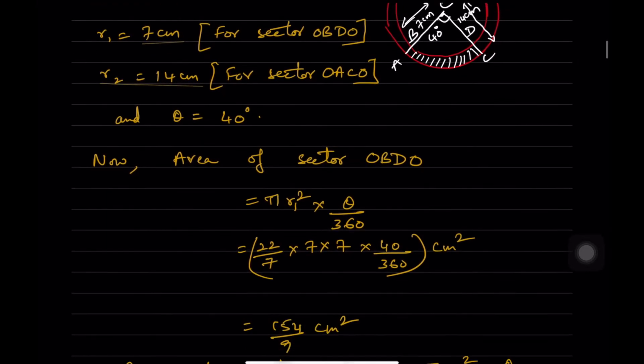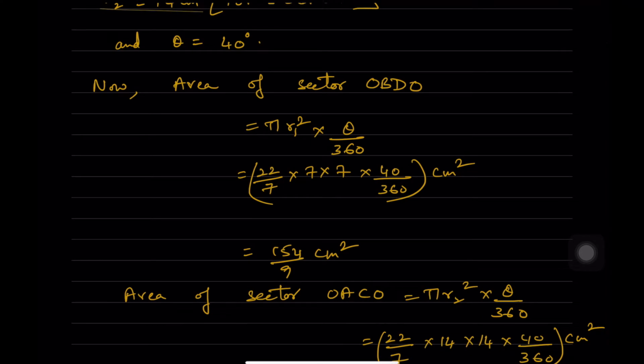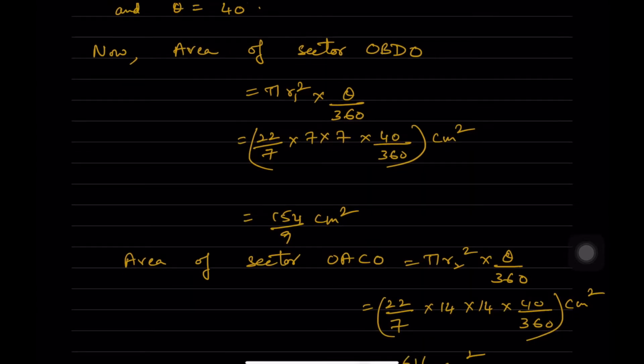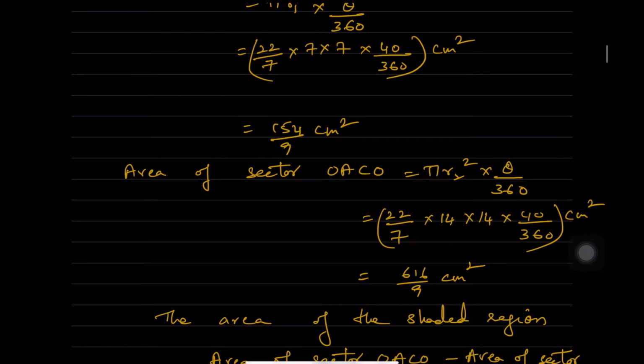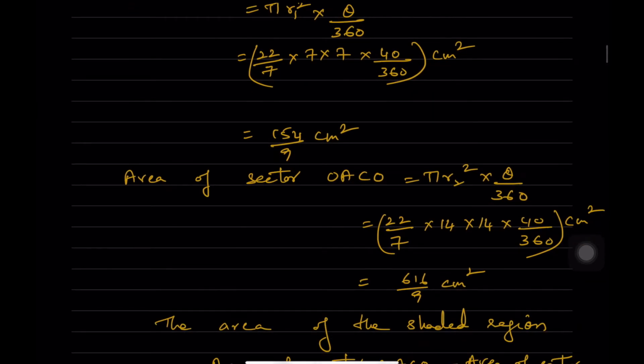Which is equal to 22 by 7 into 7 into 7 into 40 by 360, since the radius of the smaller circle is 7, and that will give you 154 by 9 centimeters square. Now area of the bigger sector OACO is equal to pi r square into theta by 360, which is equal to 22 by 7 into 14 into 14 into 40 by 360 centimeter square, which is equal to 616 by 9 centimeter square.